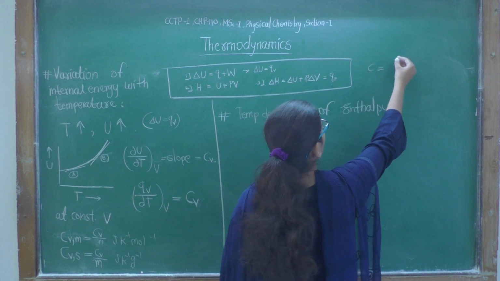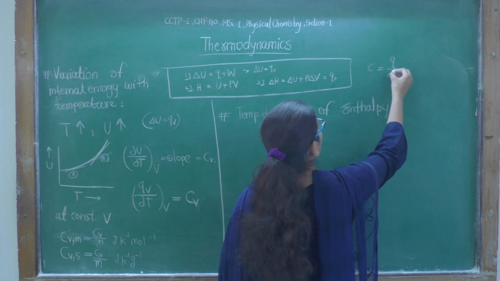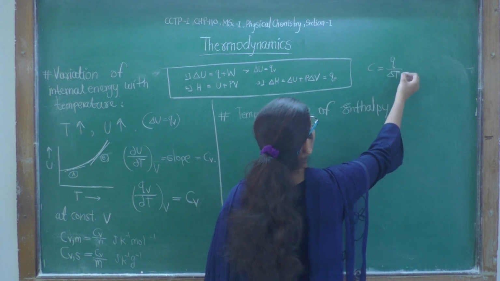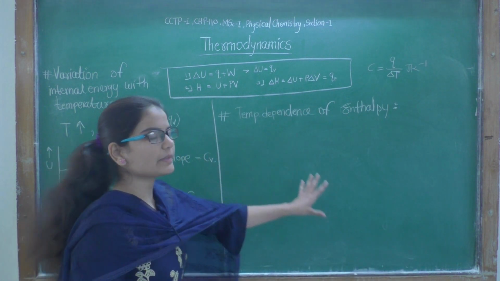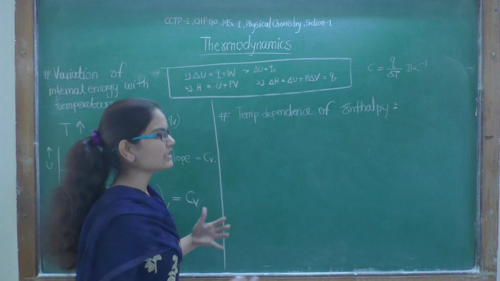C is equal to Q by delta T, heat capacity, joule per Kelvin. Now, temperature dependence of enthalpy. How does enthalpy vary with temperature?